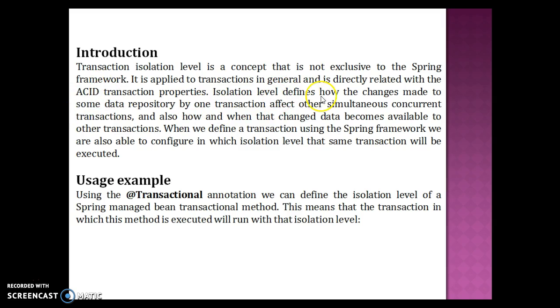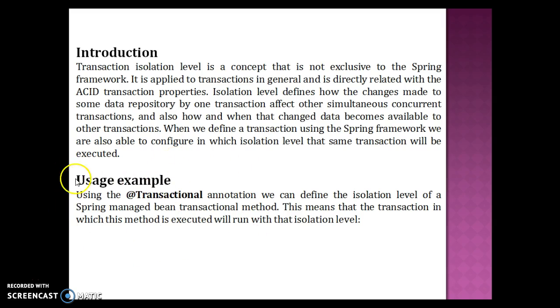Isolation level defines how the changes made to some data repository by one transaction affect other simultaneous concurrent transactions, and also how and when those changes become available to the other transactions. When we define a transaction using the Spring framework, we are also able to configure the isolation level in which that transaction will be executed.